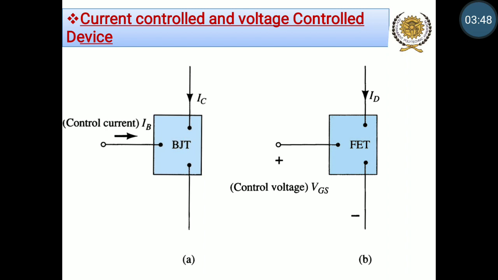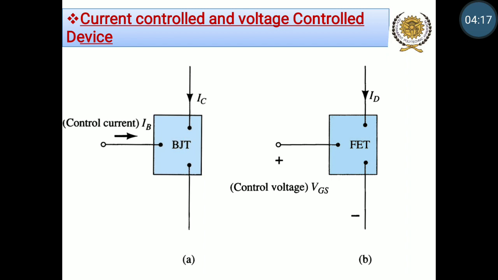So when there is a change in IB, that is input current, then there is a change in IC, that is output current. So we can say that output current IC is controlled by input current IB. Hence we call BJT a current controlled device.